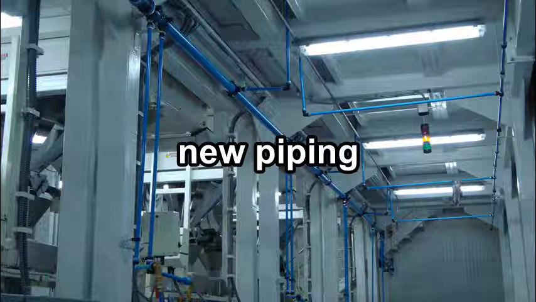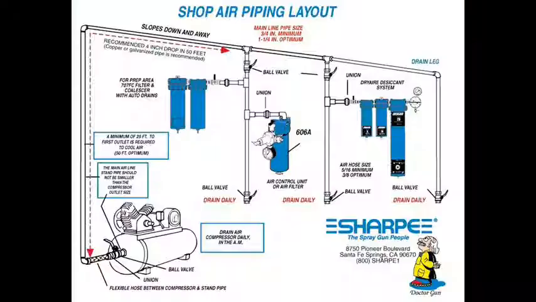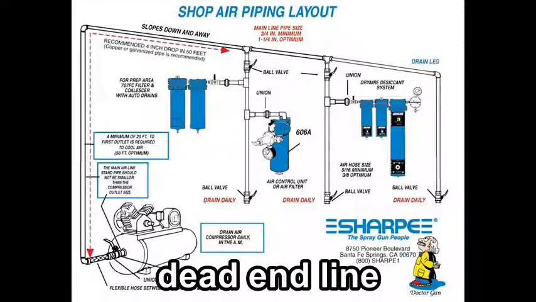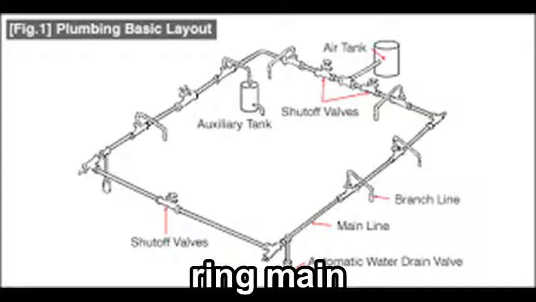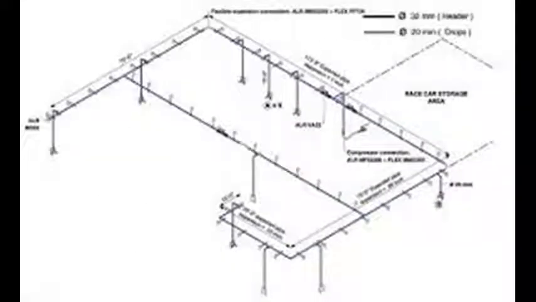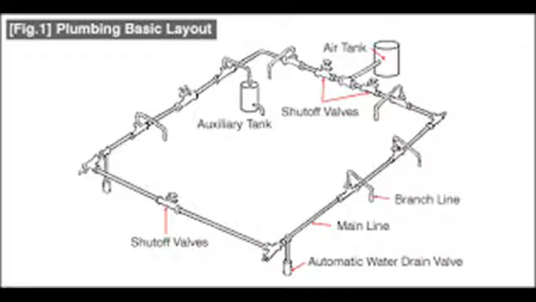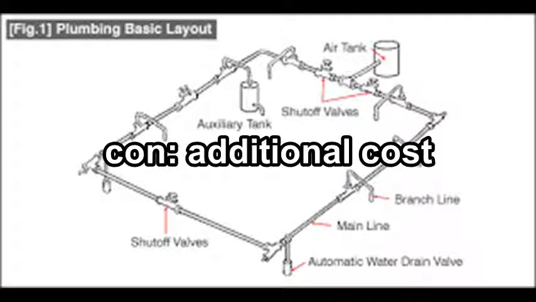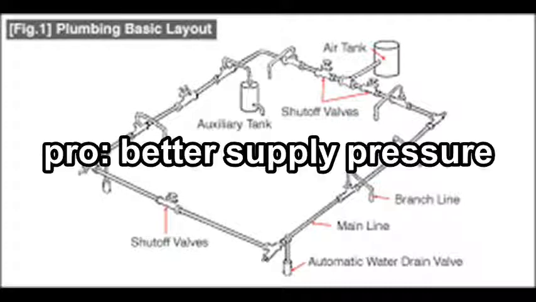If the opportunity presents itself and a new airline is to be created, consider the piping configuration as well. There are two main layout configurations: dead-end line and ring main. After examining both configurations, it should become apparent that the ring main configuration would be preferred for better supply flow. The additional cost is a one-time concern for the additional pipe, but the advantages can be enjoyed every day of operation.